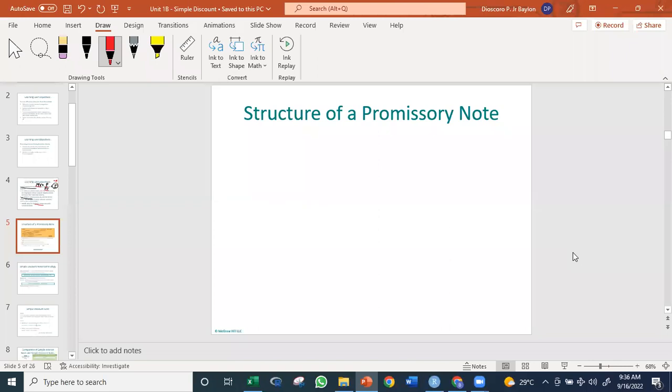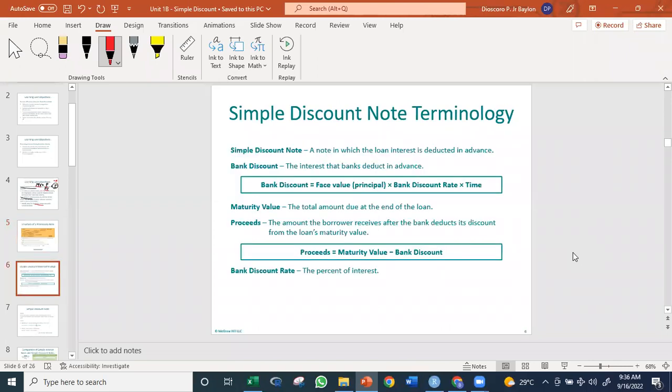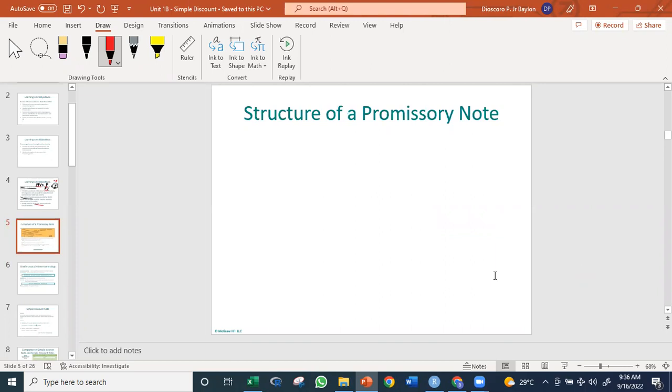Okay, so let's take a look at an example of a promissory note. Oops. Why did this not appear? Can you see the illustration, the picture at the left side? I don't know why this happened. Something's wrong with my PowerPoint.